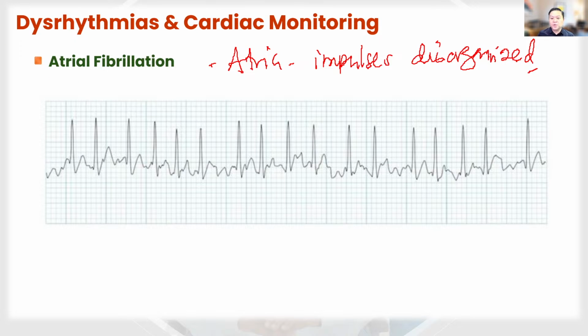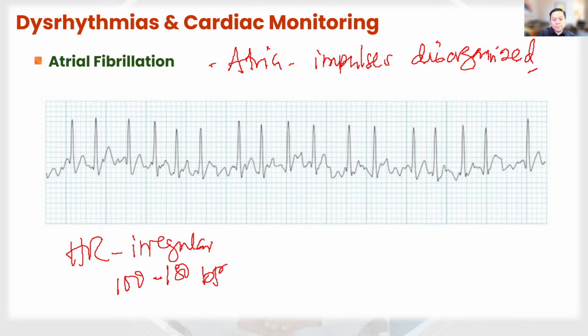Now, when we are talking about the atrial heart rate, this is going to be irregular, and the range will be somewhere between 100 to 180 BPM, okay, or greater than that. It depends on the heart condition of the patient, but again, this is going to be the range, about 100 to 180 beats per minute, irregular rhythm.